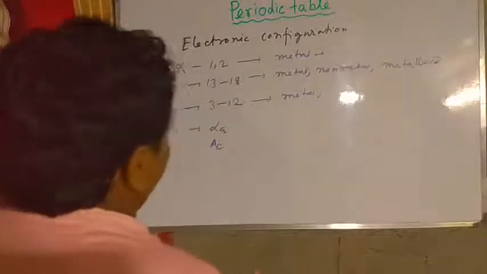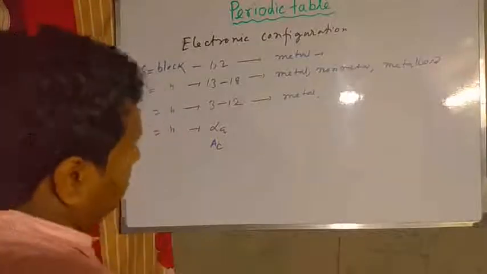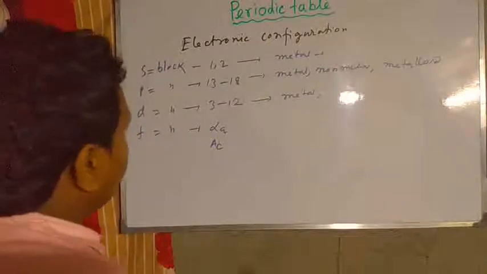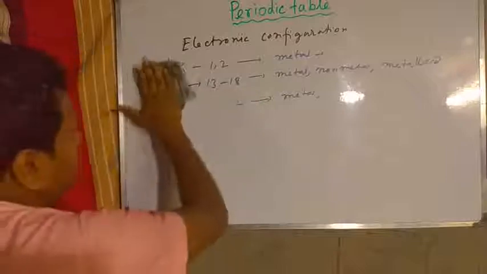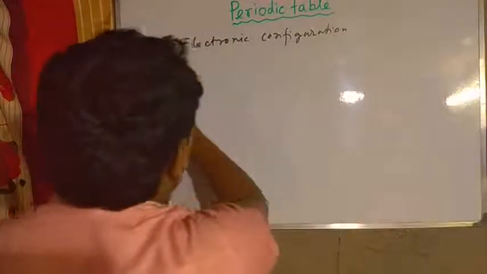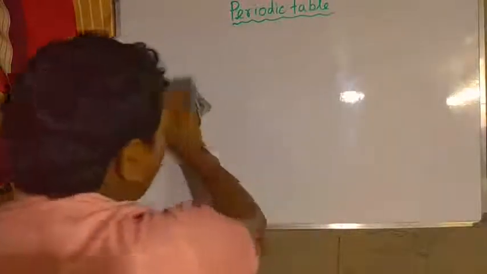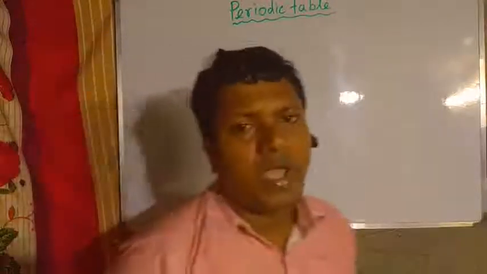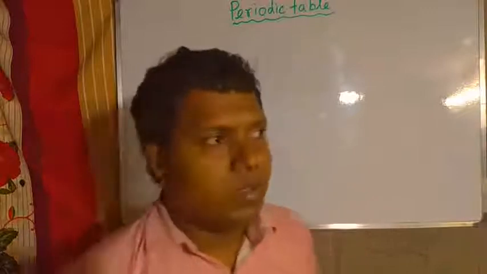Now, in the periodic table, the properties of the elements are a periodic function of atomic number.